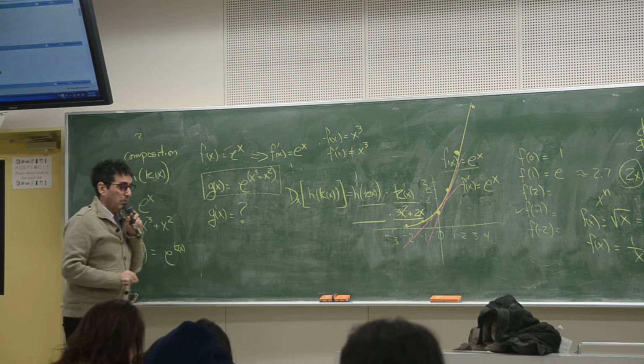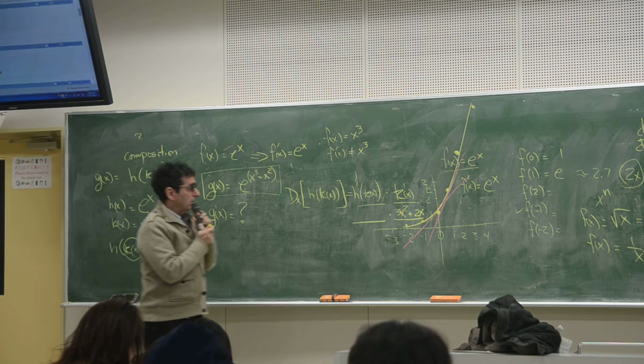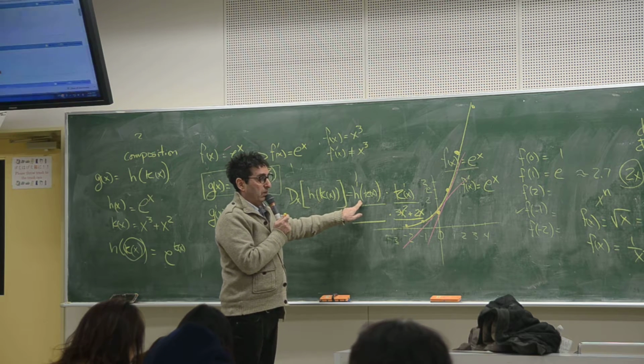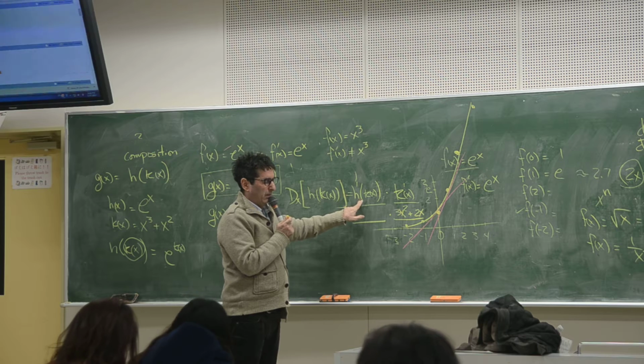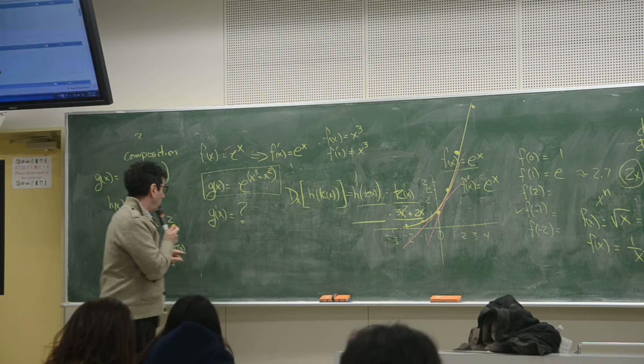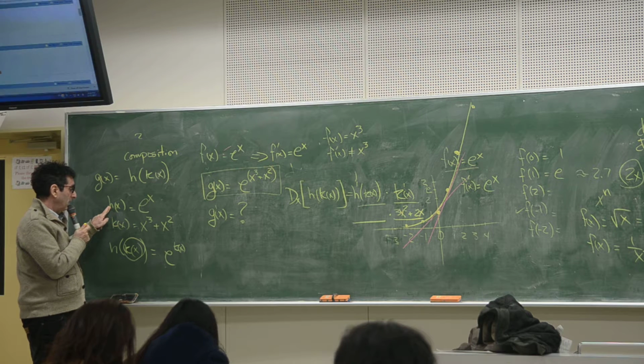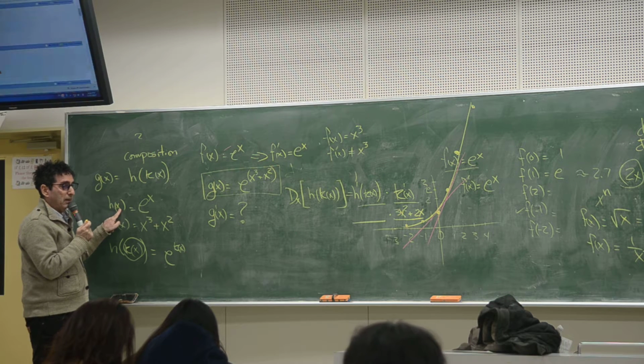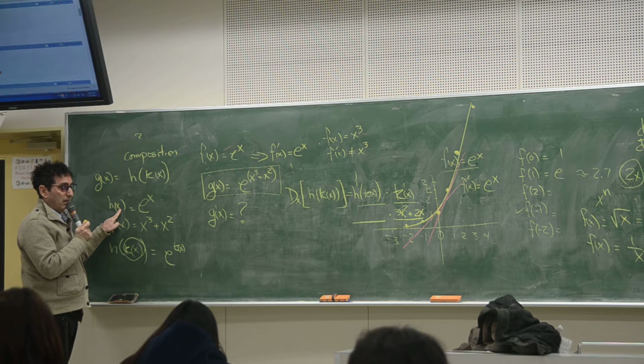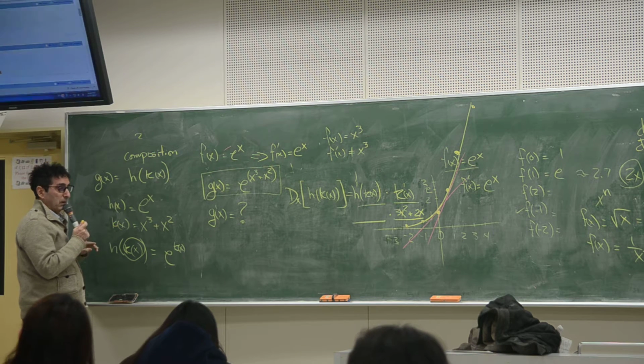That was pretty simple. But this part, it looks a little bit worse. So what does this part mean? It means I have to find the derivative of h, and then don't just put in x though, put in k into that derivative. Right? That's what it means.